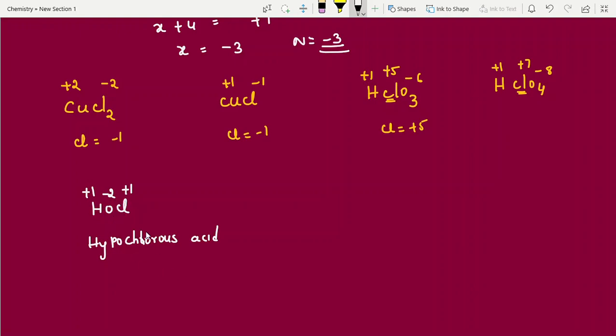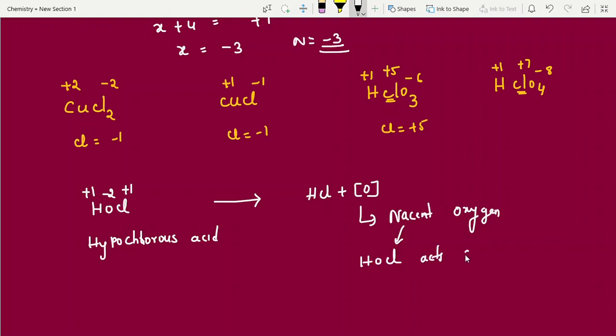Okay, hypochlorous acid. I am giving one more point. It decomposes to HCl plus nascent oxygen. This is what we call, students, nascent oxygen. Because of the liberation of nascent oxygen, HOCl acts as an oxidizing agent.